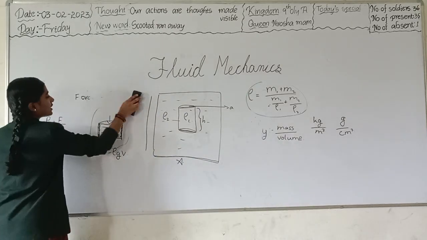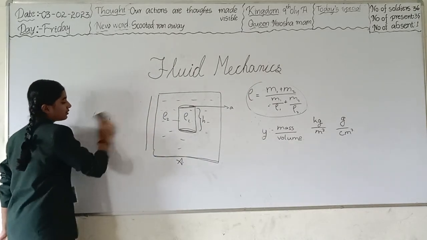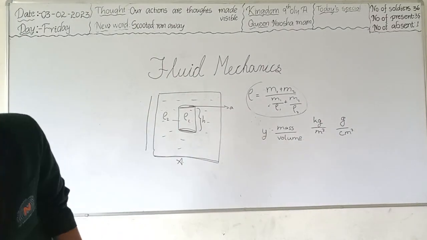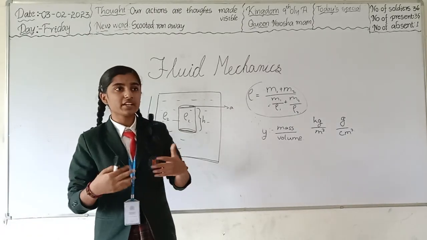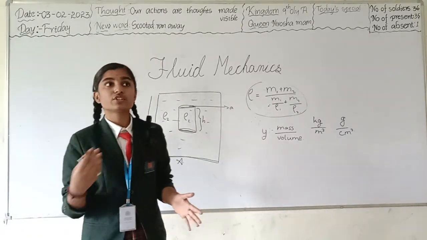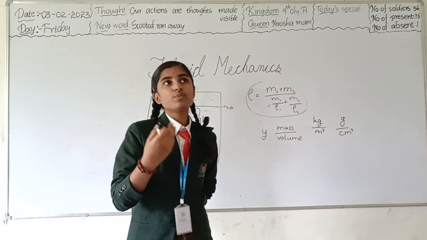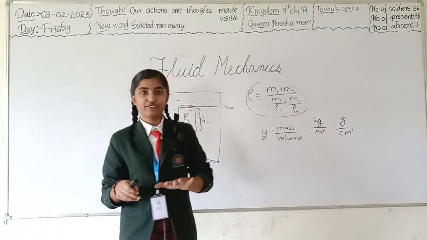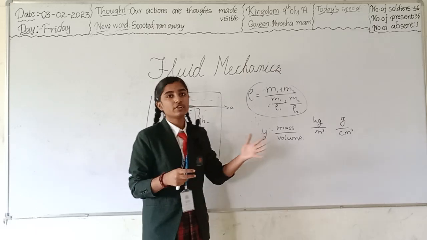There is a historical story behind Archimedes' principle. I'm going to tell you in a very brief way. Once there was a king in a kingdom who was a great warrior. He won many wars and he was so happy about himself, and he thought to prepare a golden crown, not for him, for God's sake. He wanted to offer a golden crown for God.